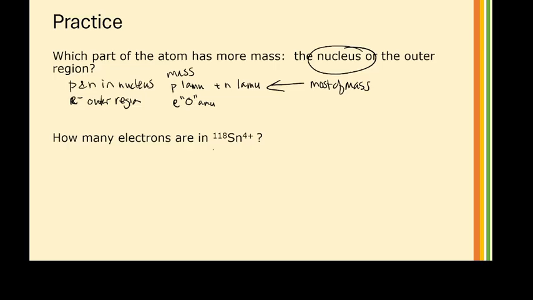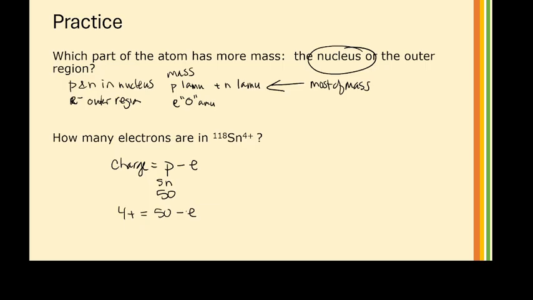How many electrons are in tin-118 with a +4 charge? It's a little tricky here because I have a charge to worry about. I know that my charge is equal to the protons minus the electrons, right? And if I look up the atomic number of tin, it's 50. So I know I have 50 protons. Now, I could do this two ways. I could say +4 equals 50 minus E and then work out the answer.